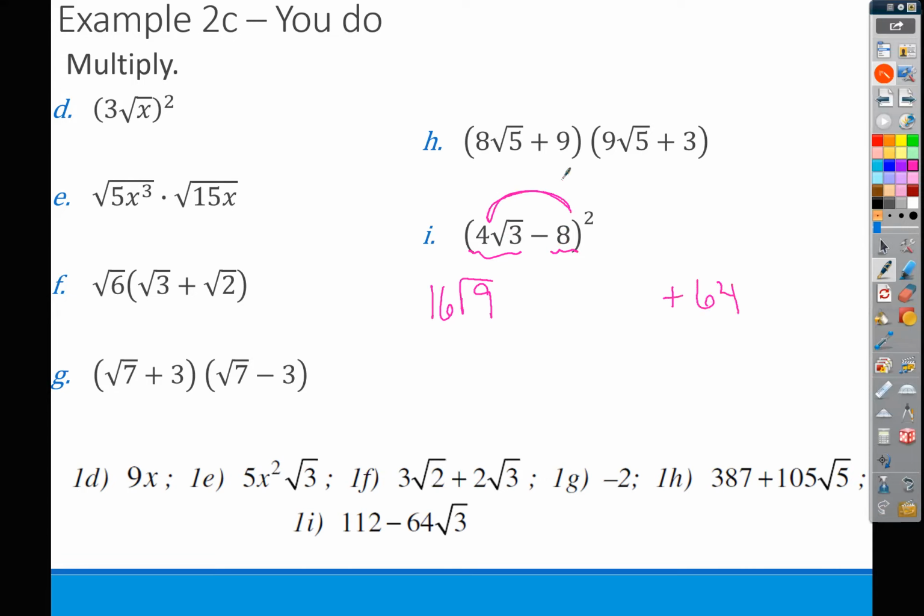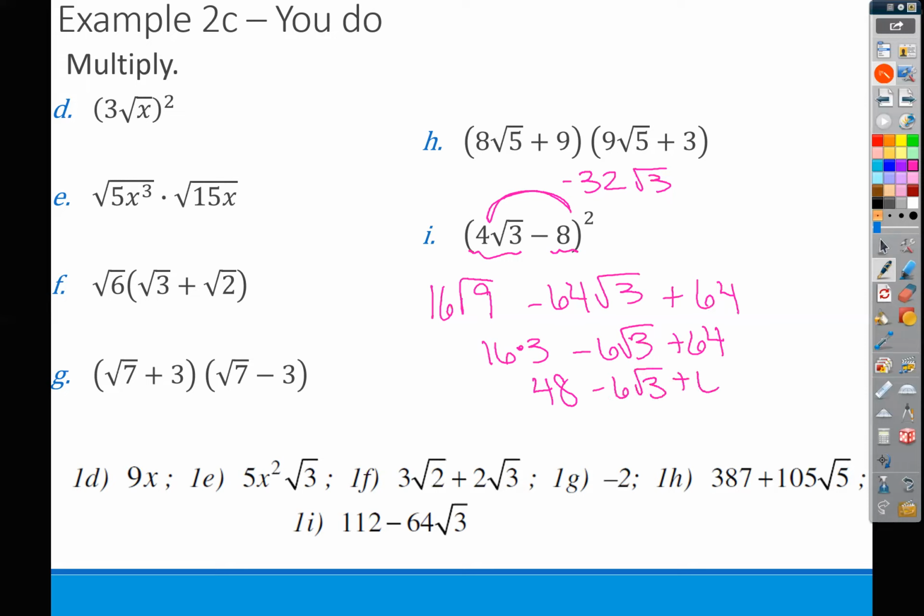Multiply, which would be negative 32 square root of 3, and double, so negative 64 square root of 3. 16 times the square root of 9, which would be 48. 48 plus 64 is 112 minus 64 square root of 3.